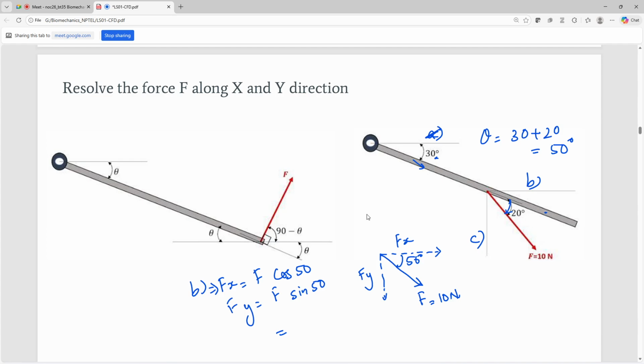everybody understood the question. The question is to resolve the forces along x and y direction, and here I asked you to resolve this force F. So here we need the force vector F and also the direction of inclination.